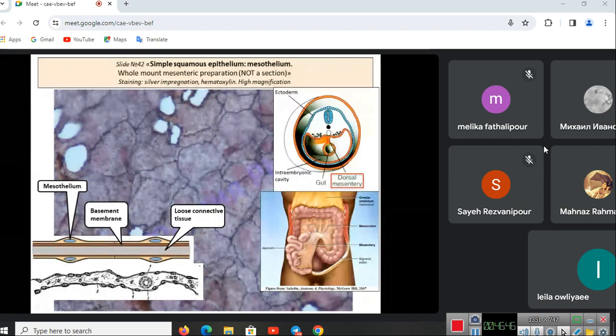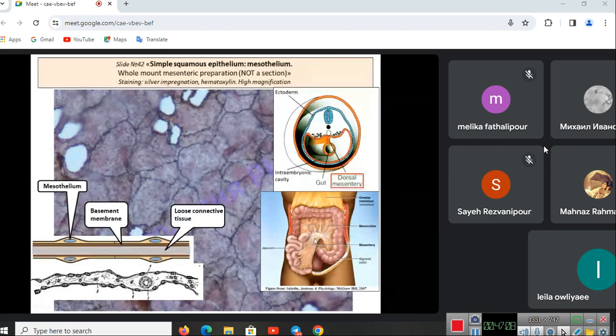This is the picture of how this epithelium looks if we make the cross section. So these are the cells of mesothelium, one layer here, one layer here, and loose fibrous connective tissue with blood vessels between them. As you remember, mesentery gives blood supply to intestines.